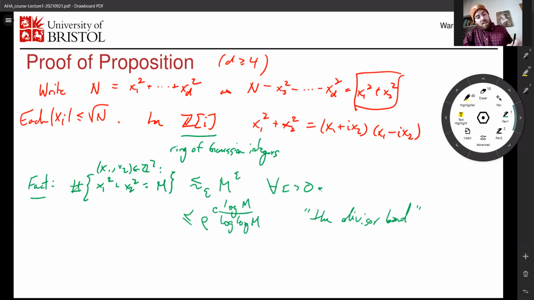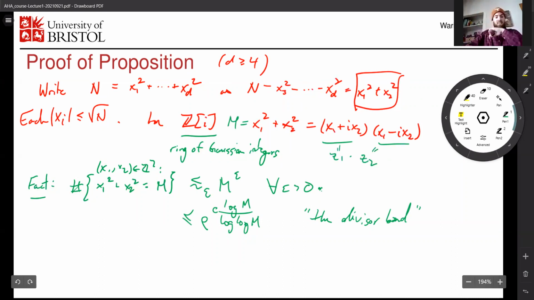Well, I've taken my integer m and I've written it as a product of two things, say a Gaussian integer z1 times a Gaussian integer z2. And the claim is that there are at most m to the epsilon ways to write any integer as a product of two Gaussian integers.